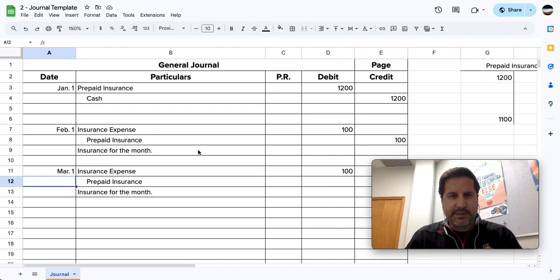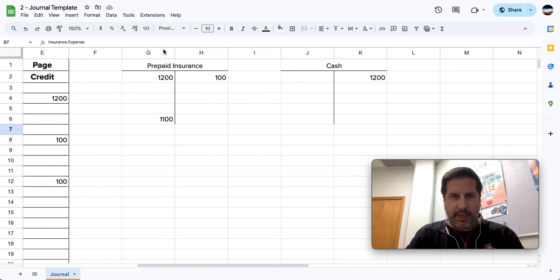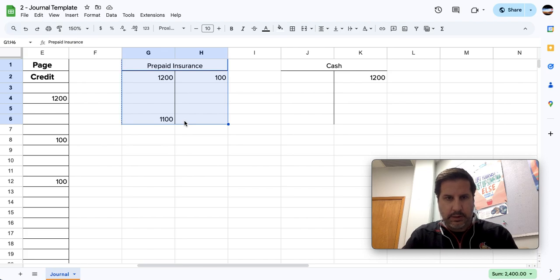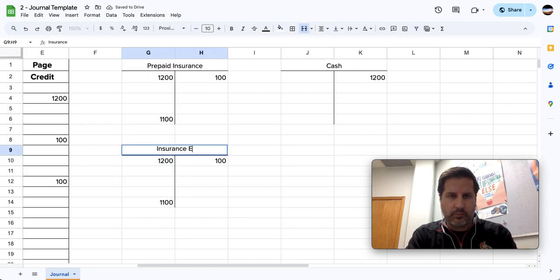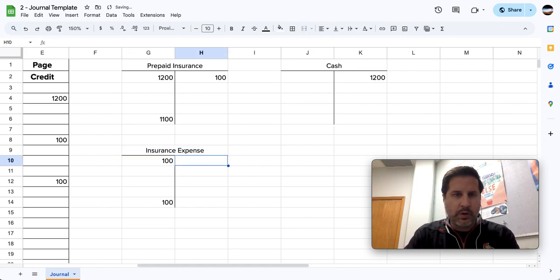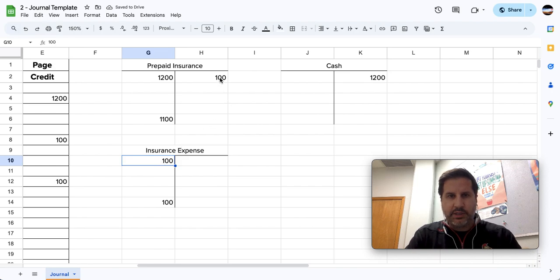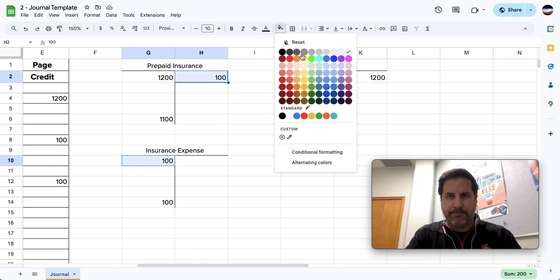But to finish off this example here, we did have an insurance expense. So what we do is we actually have an insurance expense of $100, and this was our adjusting entry right here.